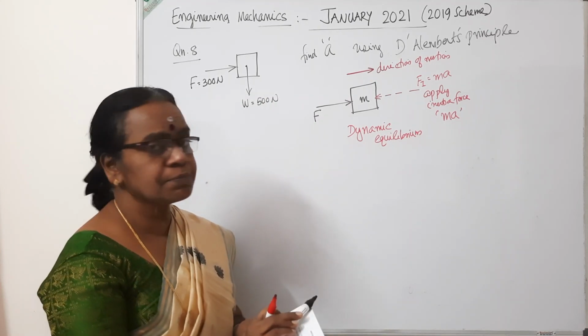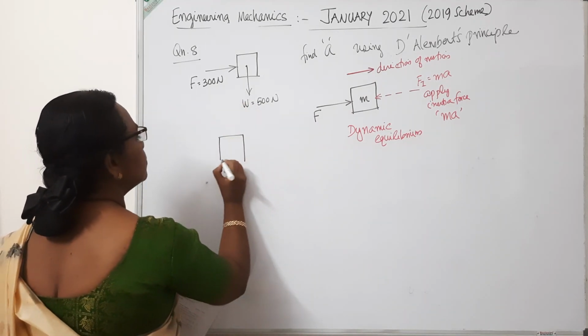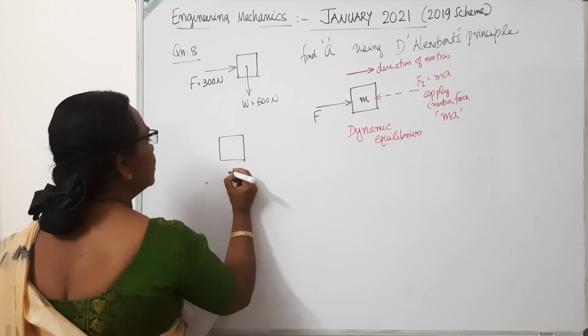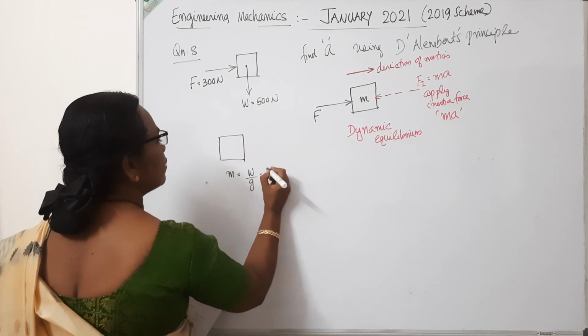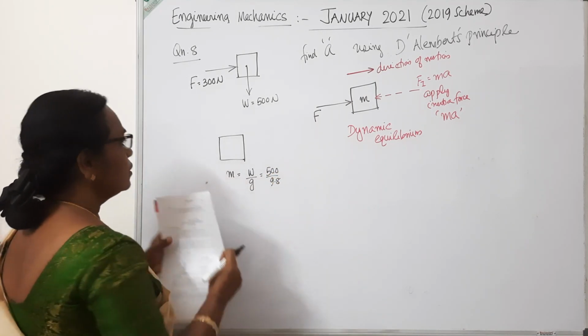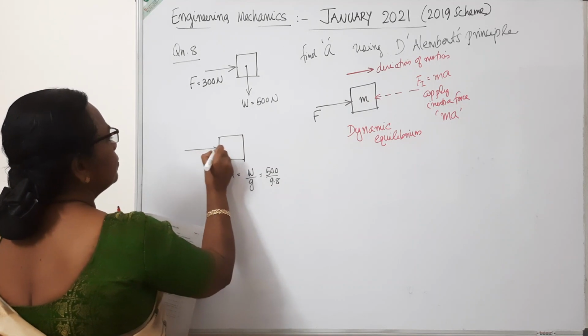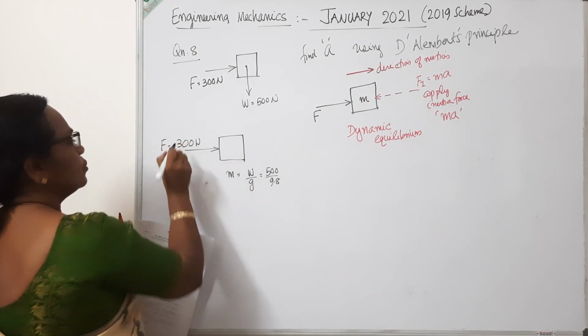If you apply D'Alembert's principle to this problem, this is the body of weight 500. So mass is equal to weight by acceleration due to gravity, 500 by 9.8. Now, this is subjected to a force of 300 Newton, the actual force acting on it.